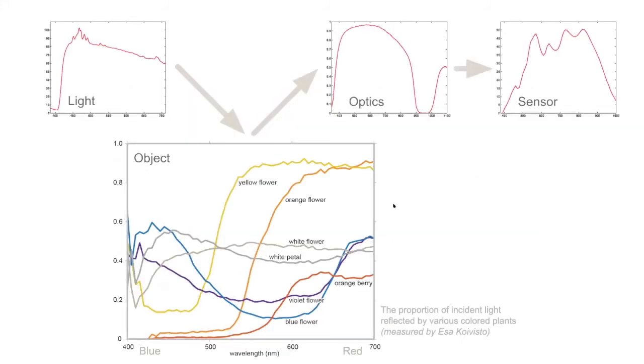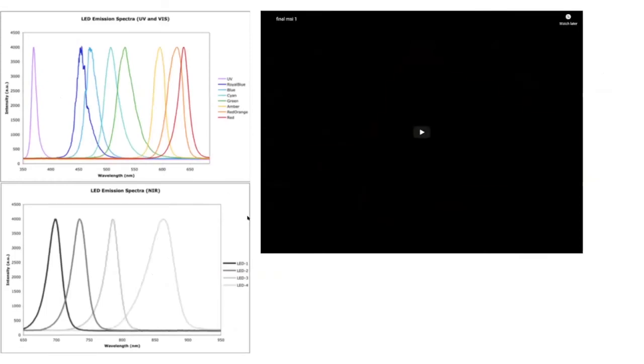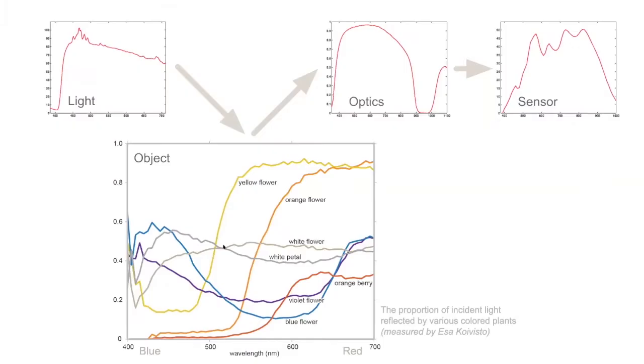So to get to our sensed image, we have light that's projected onto the object, which it then reflects according to some intrinsic value of the object that we're imaging. You can see different kinds of objects will reflect differently across the spectrum. And that will be attenuated by our optics differently. So the filter wheel will come into play here if you're using it. Any kind of filter on the sensor will come into play here.